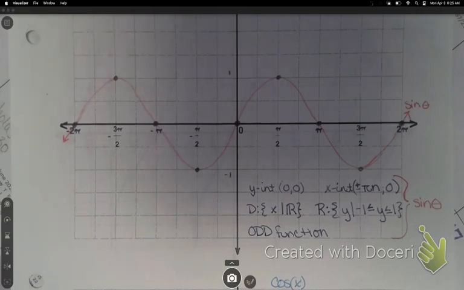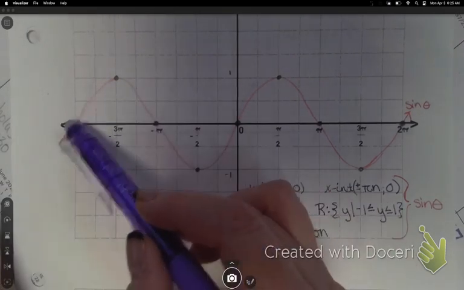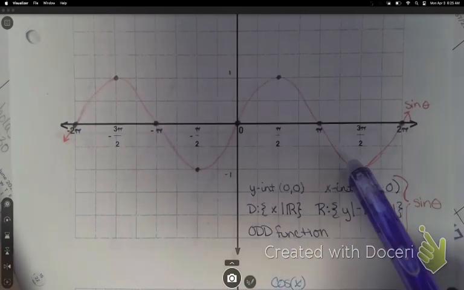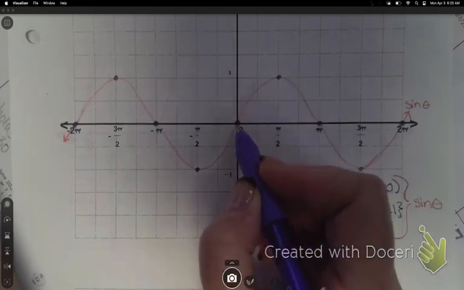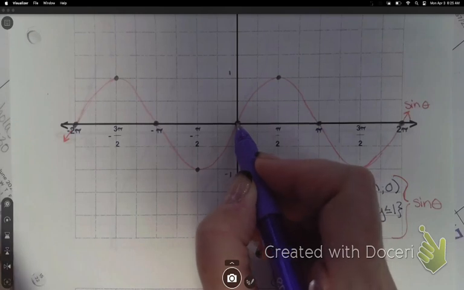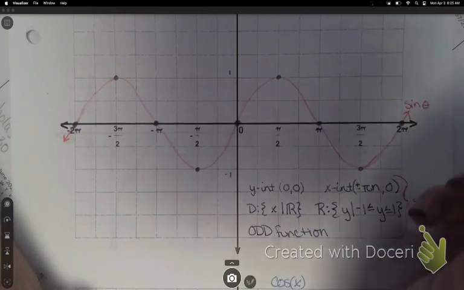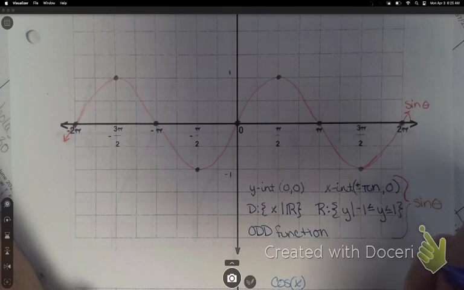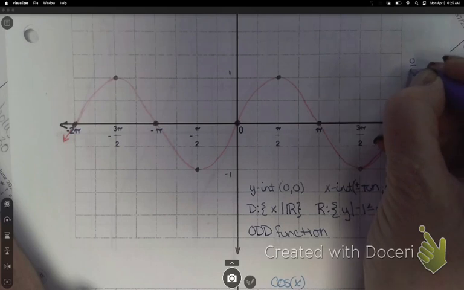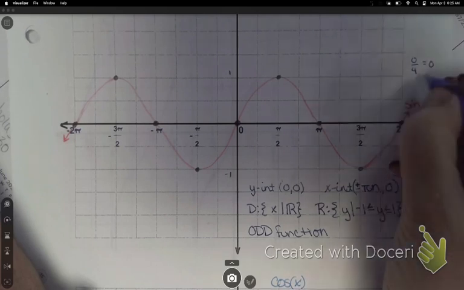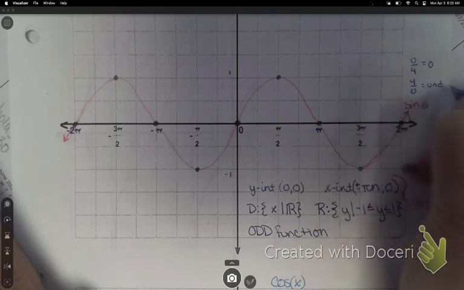Cosecant. Okay, so we're going to take our main points again, and we're going to reciprocate them. So if I reciprocate 0, what is that? It's undefined, because 0 over 4 is 0, and the reciprocal of that is 4 over 0, which is undefined.